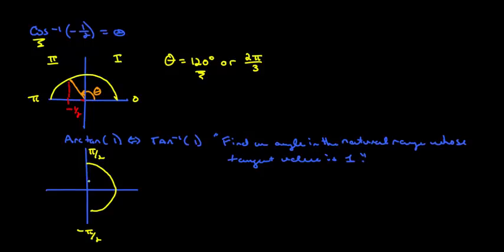So our angle is 45 degrees, because that guy has a tangent value, has a slope of 1, and that is pi/4. So our solution for theta here is 45 degrees, or pi/4.